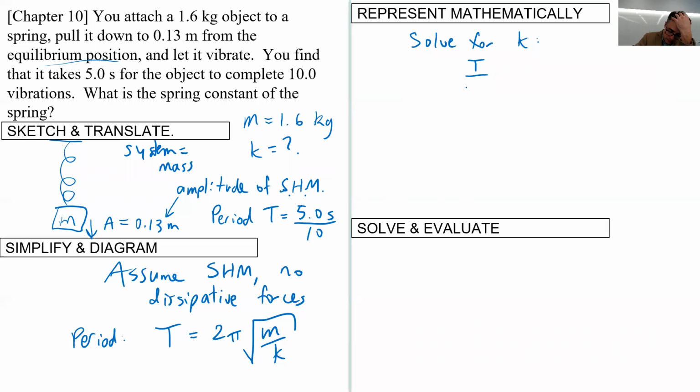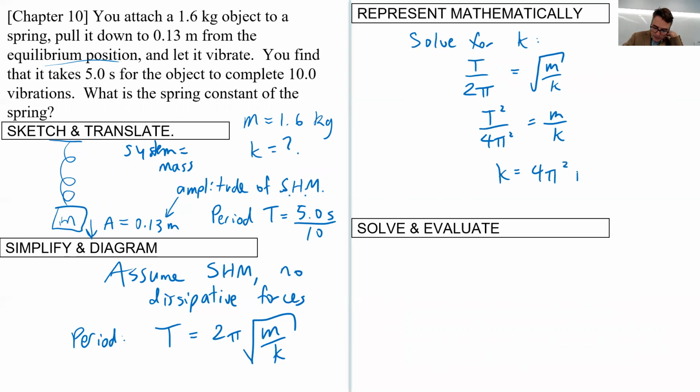So T over 2 pi is the square root of m over k. Just square both sides, and we get T squared over 4 pi squared equals m over k. Solve for k. I get k is equal to 4 pi squared times m divided by T squared.